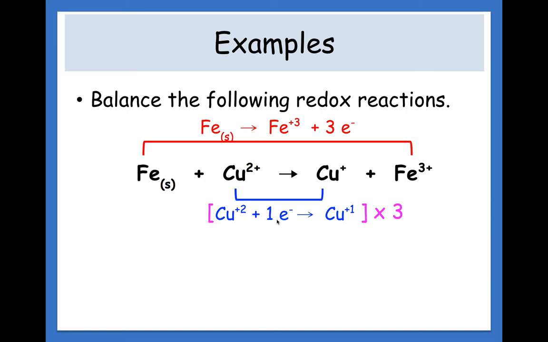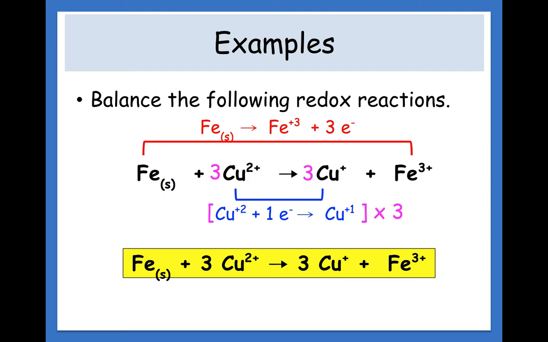Well, we need this electron to be a 3 to balance all the electrons out. So we're going to multiply the whole thing by 3. And then we'll put coefficients in there to symbolize that. And then you are done. That is your balanced redox reaction. Okay, quite simple.